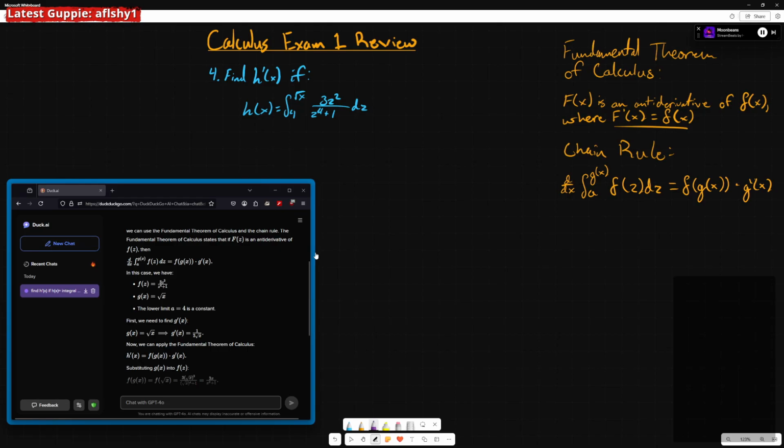So here we can say let f of z be equal to the function, basically z to the 4th plus 1, and then let g of x be equal to square root of x.